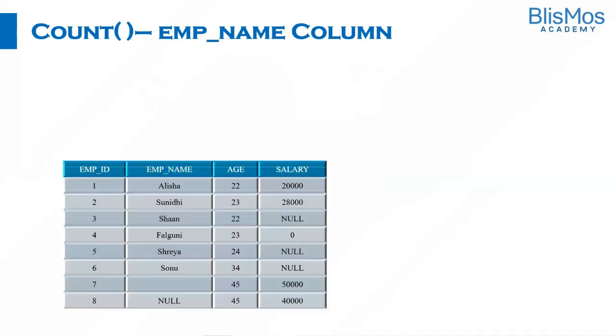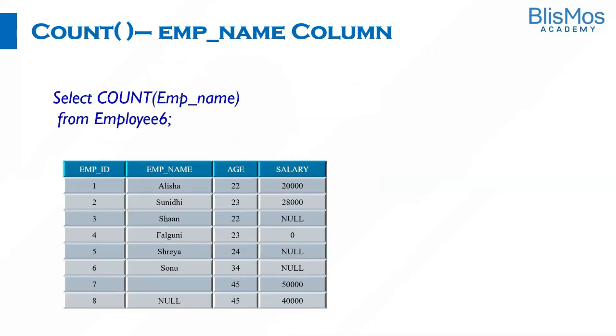What happens if you do the same thing on a column with a null value? What would be the result here? We understood in the previous slide that SQL will consider the empty space also while counting a particular column. But now we have a column with the null value.